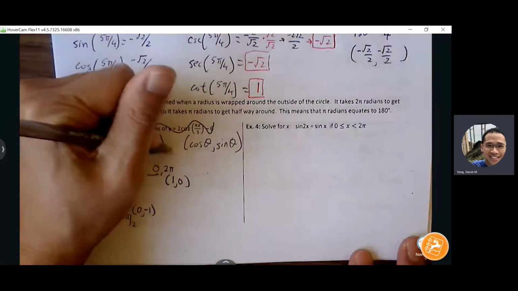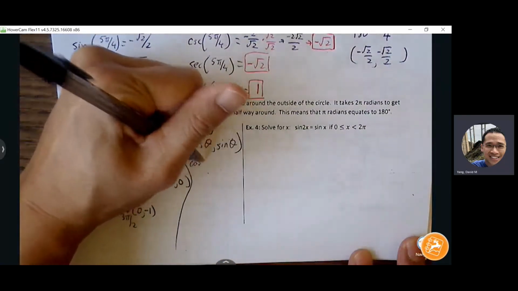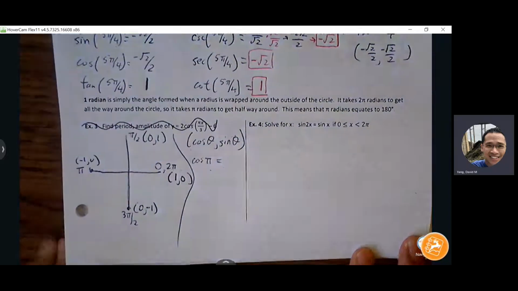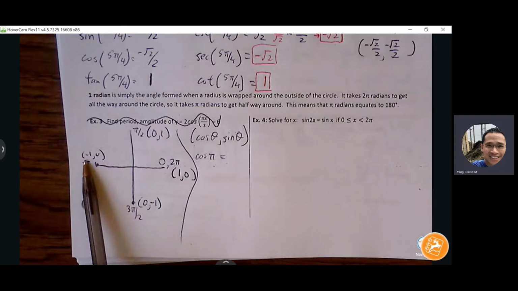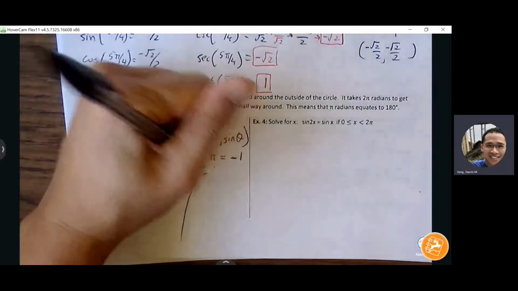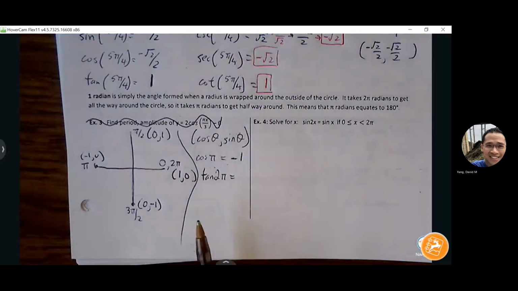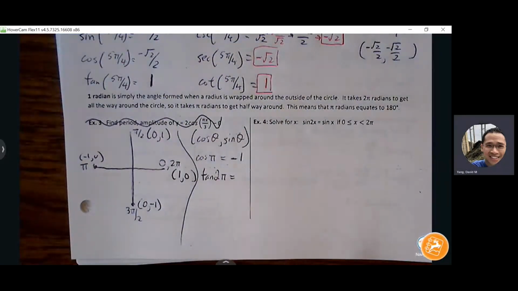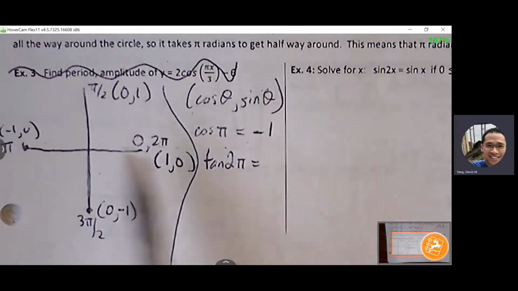So let me ask you a few questions regarding these special values here. What is cosine of pi? Yeah, look at the x value there, -1. Okay. What's tangent of 2 pi? Yeah, tangent, you know it's over here.